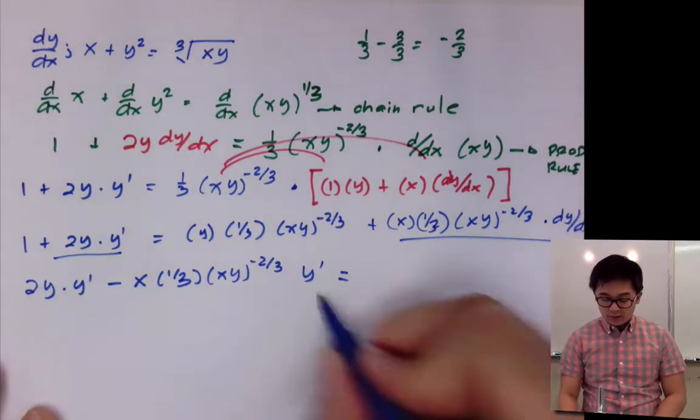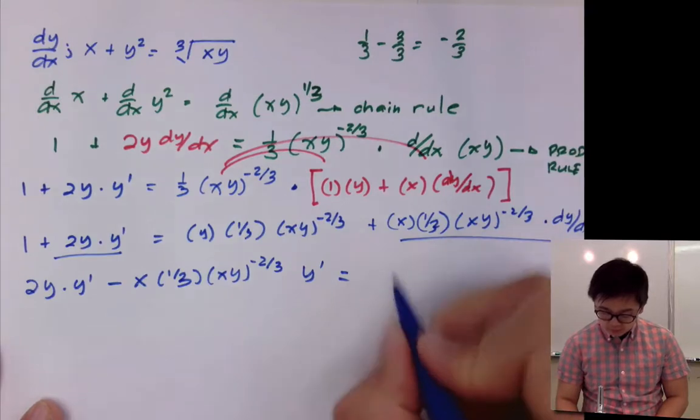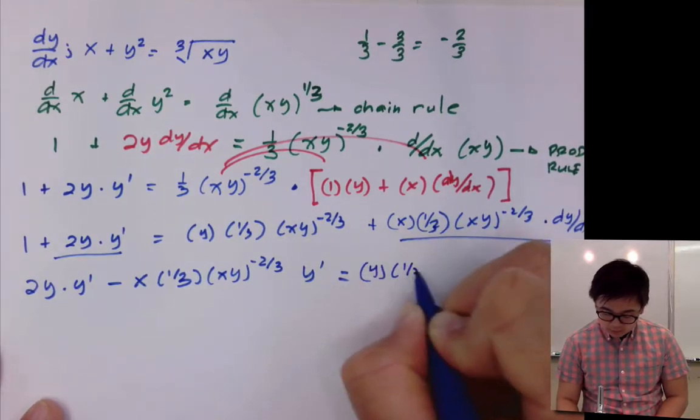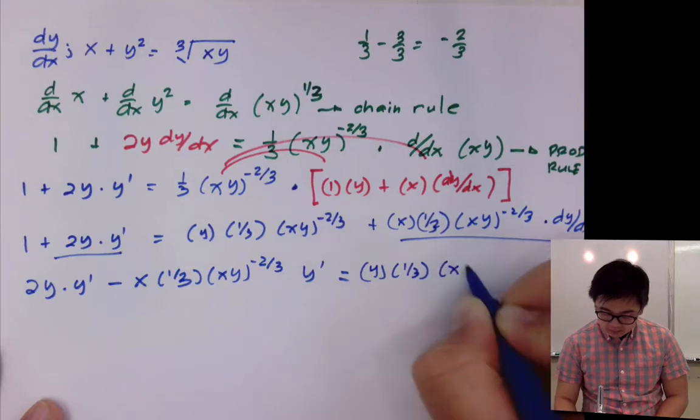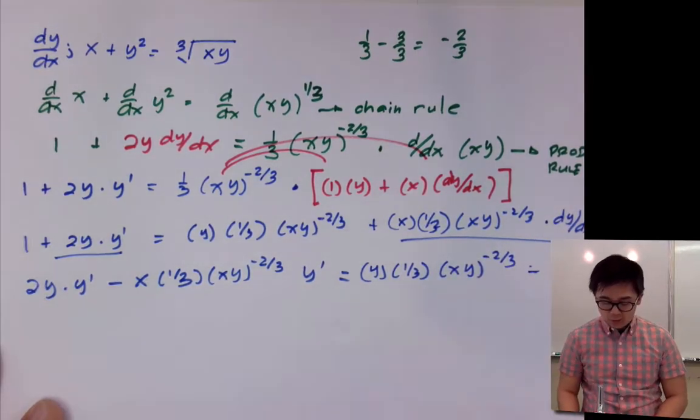Notice that I changed my dy/dx to y prime, and then minus 1 over here, so I'll have y times 1/3 (xy) to the negative 2/3 minus 1.